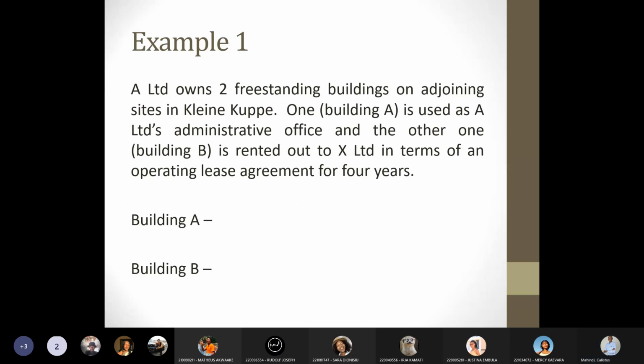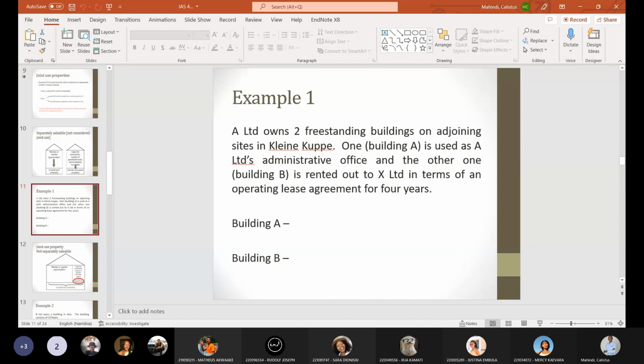Anyone? How do you classify building A and how do you classify building B?